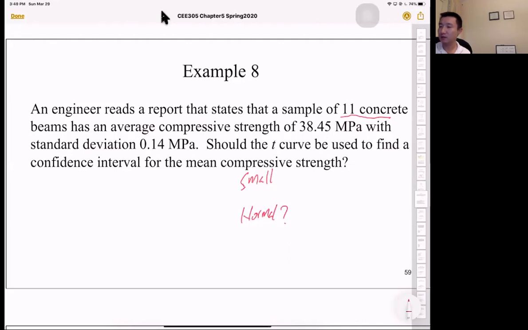The question does not tell us whether the sample follows a normal distribution or not. So we do not know that, so we cannot use Student's t distribution to calculate the confidence interval. So the answer is no, because we do not know if it follows a normal distribution or not.